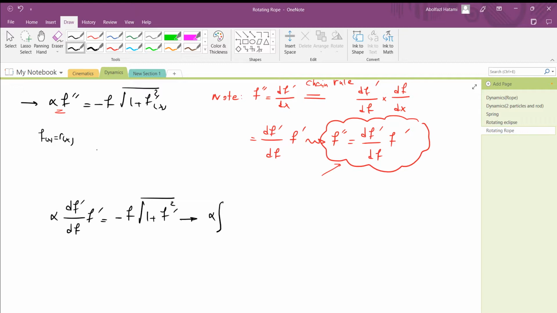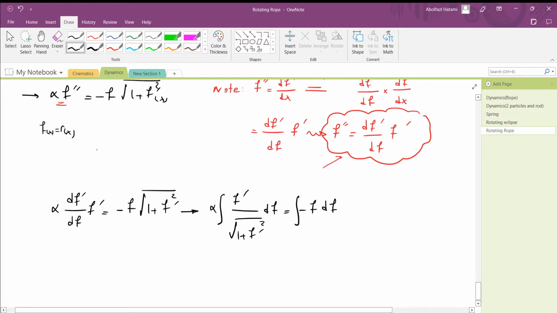We can write alpha, integral of f prime over radical 1 plus f prime squared df prime, is just minus integral of f df.